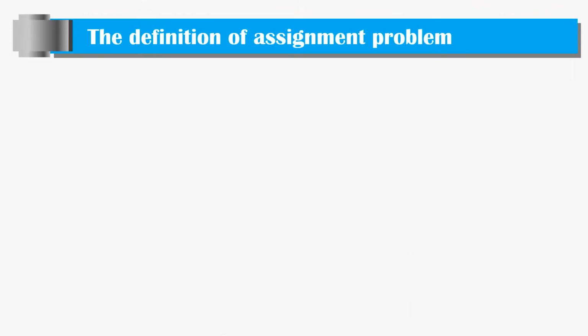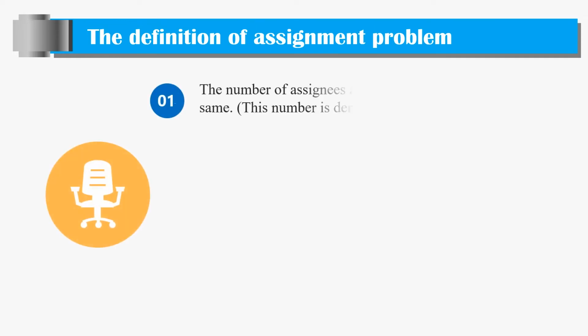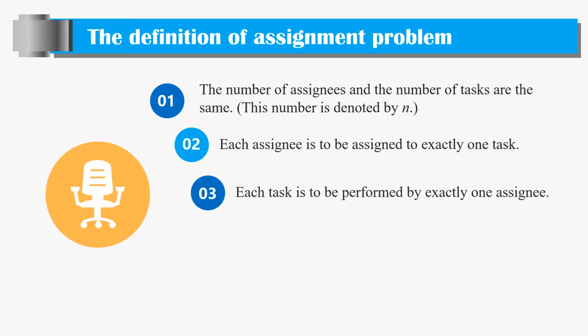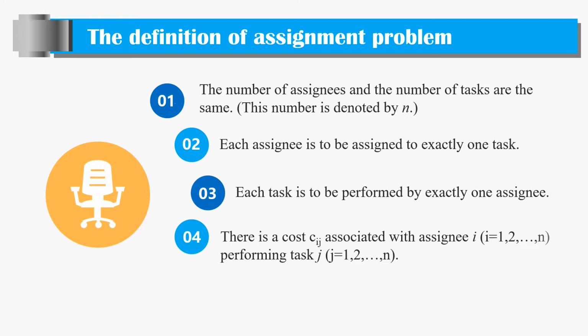So from this example, we give a definition of the assignment problem. Number 1, the number of assignees and the number of tasks are the same. We denote it by n. Number 2, each assignee is to be assigned to exactly one task. Number 3, each task is to be performed by exactly one assignee. Number 4, there is a cost Cij associated with assigning i to finish task j.